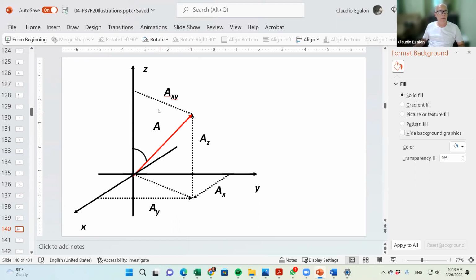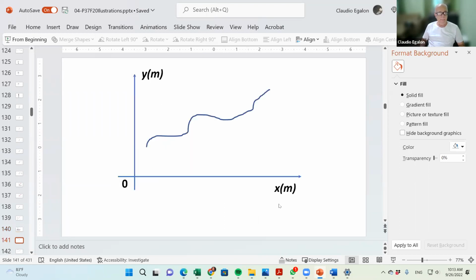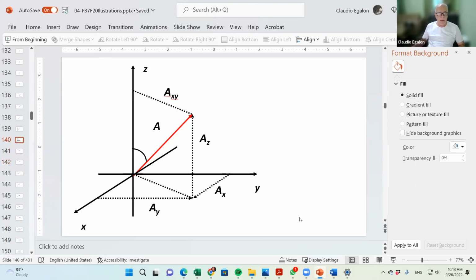That's why I illustrated it as A sub xy. And here's the z component of the A vector. The A vector is the summation of this component here plus this component here. Okay, what else? Let's do some examples. So you can do numeric examples now.